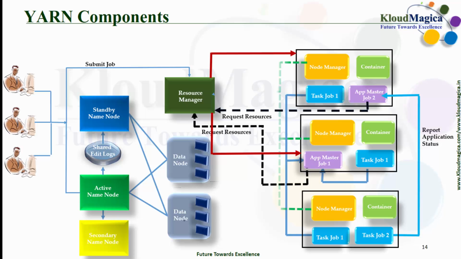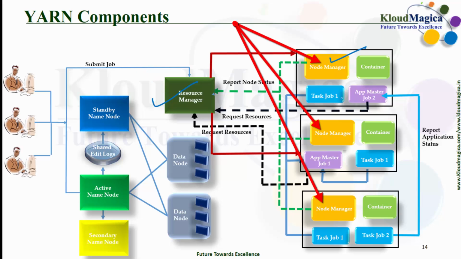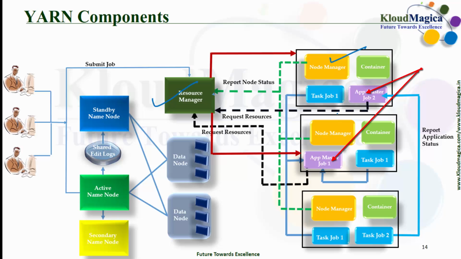So the YARN system has the following components: global resource manager, node manager, application-specific application master, scheduler, and container. I will request you to note down all the YARN component names in your notebook and try to fit them in your mind, or just stick it somewhere and see your note on a regular basis.